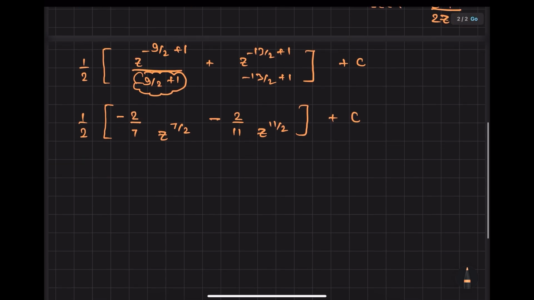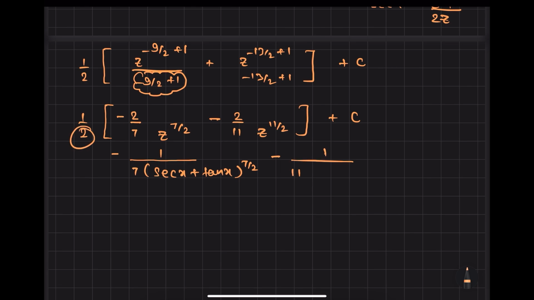You can write down the final answer as, and I will replace this z as well. Okay. So it is minus 1 by 7 times z, which was sec x + tan x, (sec x + tan x) power 7/2, minus 1 by 11.